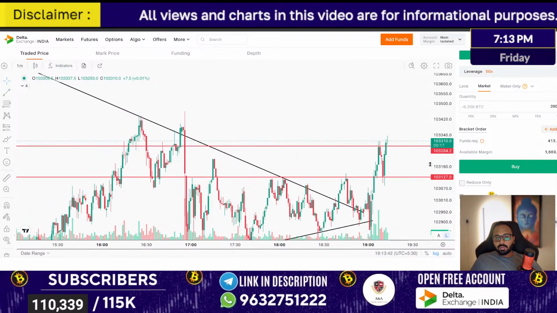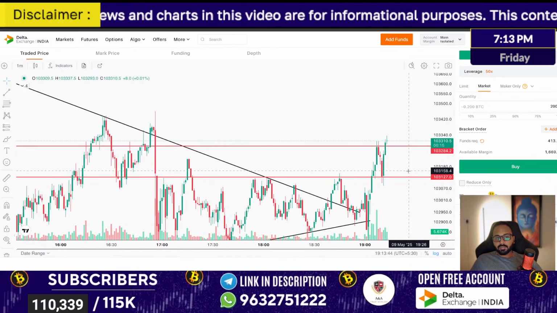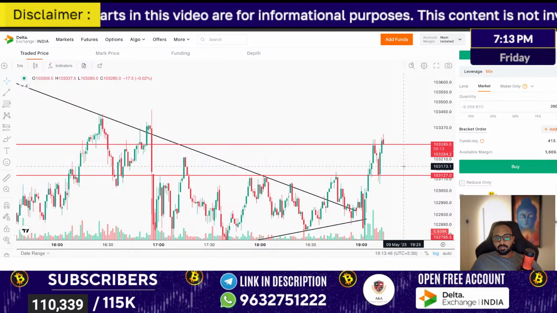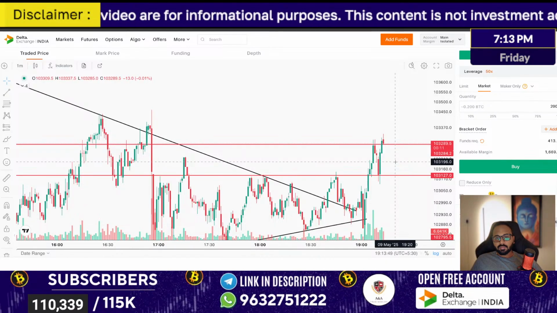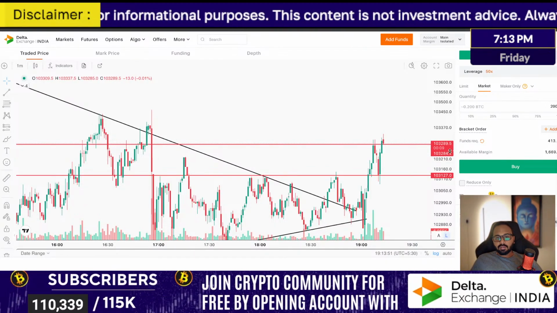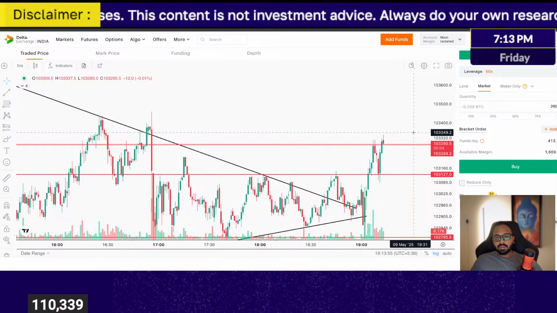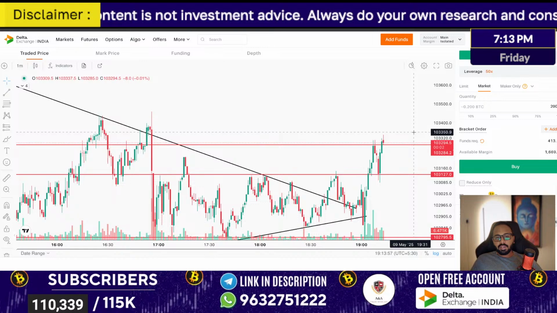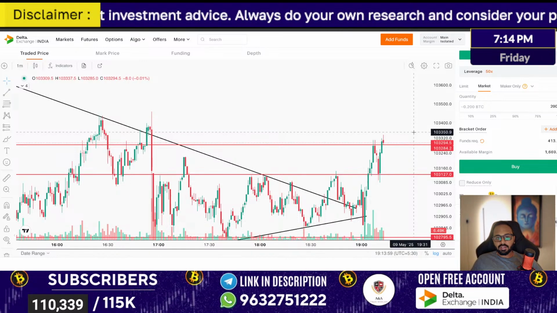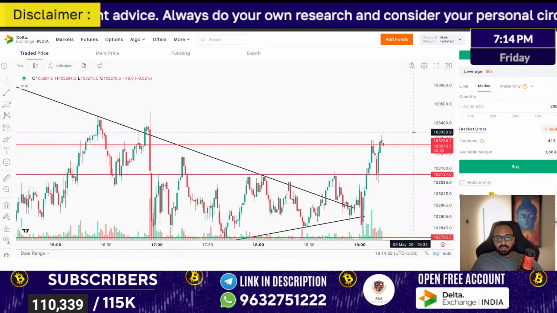Since we are on the 1 minute time frame chart, maybe this range, 1,03,350, if the market sustains, then we will see.